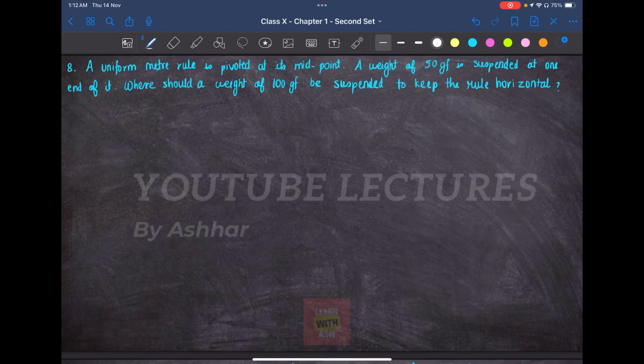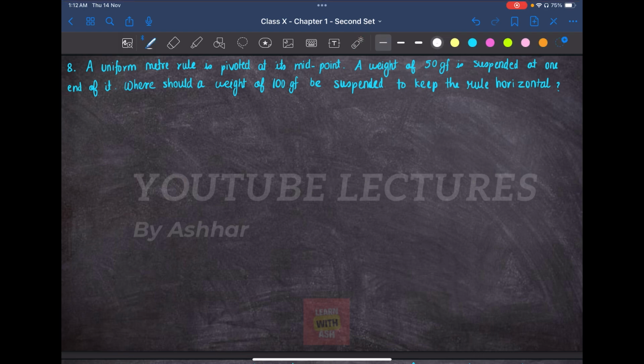Now let's move on to the next question. And in this next question, it is very important to read out the sentence or the question in a correct manner and point out the important things that we can get from it. So according to the question, they are telling us a uniform meter rule. This meter rule thing is very important to me.